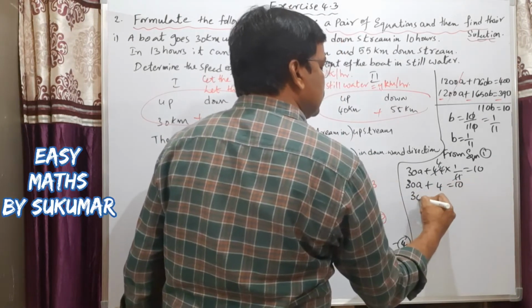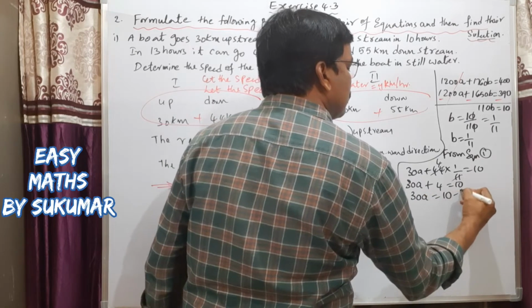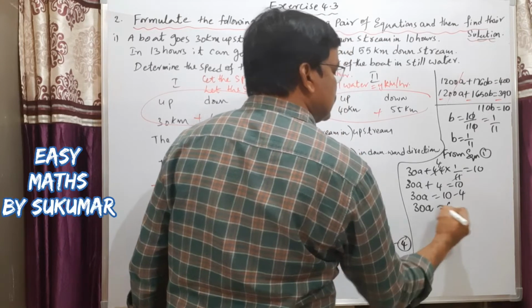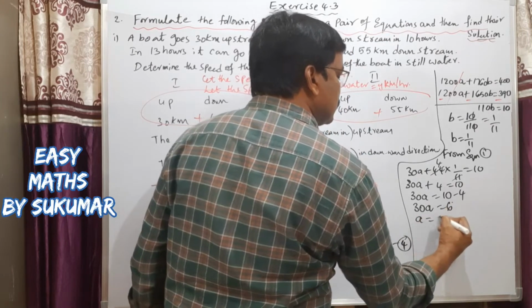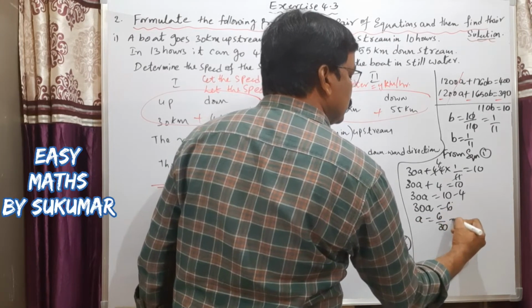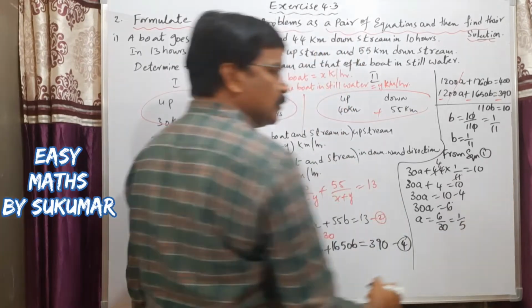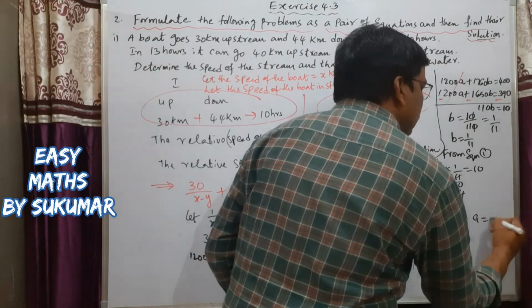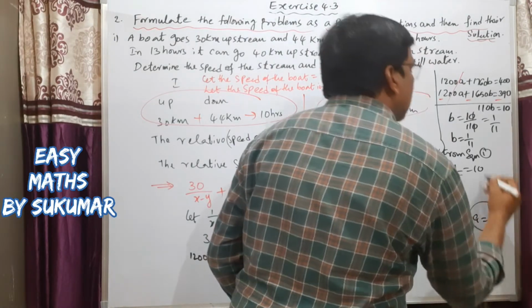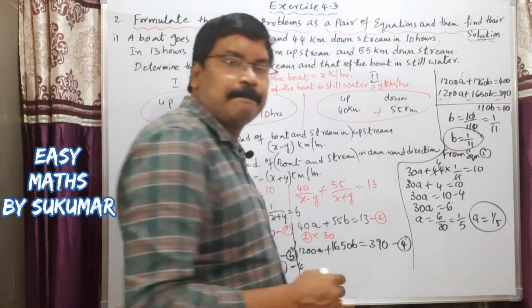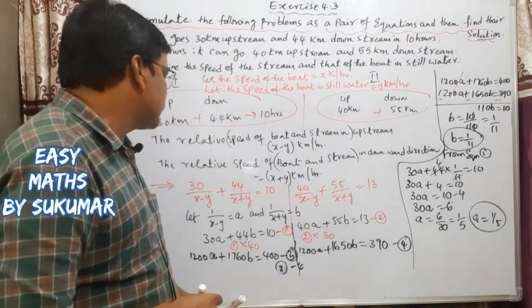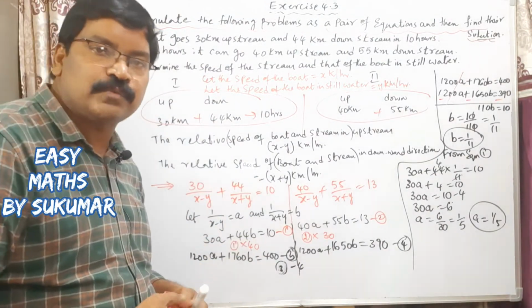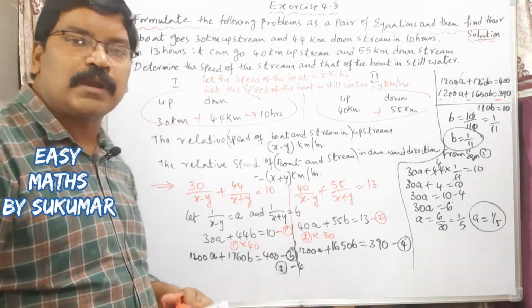So 30a equals 10 minus 4, that means 30a equals 6, so a equals 6 by 30, which is 1 by 5. So a is 1 by 5 and b is 1 by 11. Now my dear students, actually a equals 1 by x minus y and b equals 1 by x plus y.